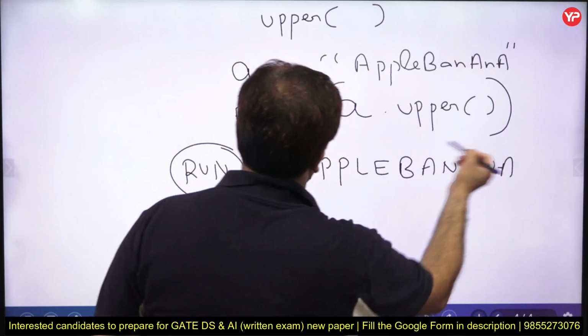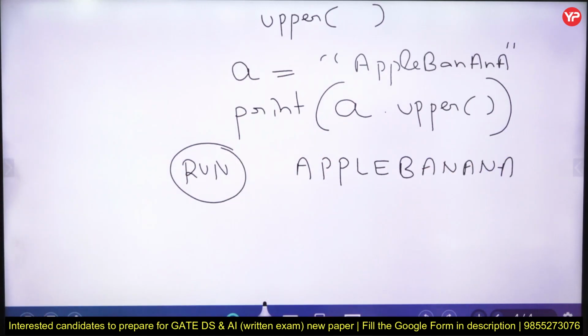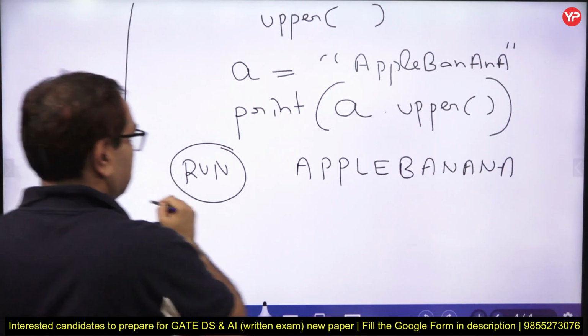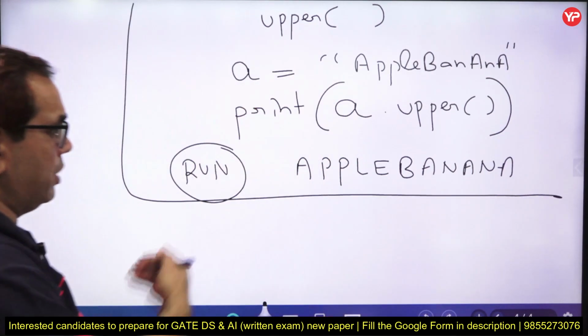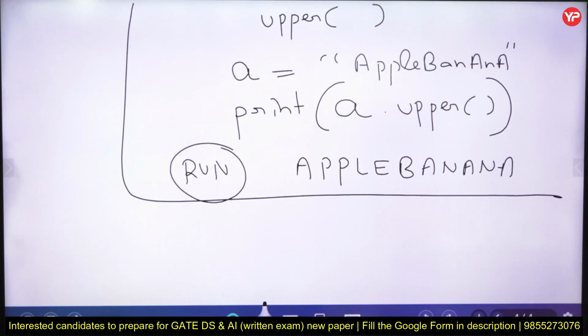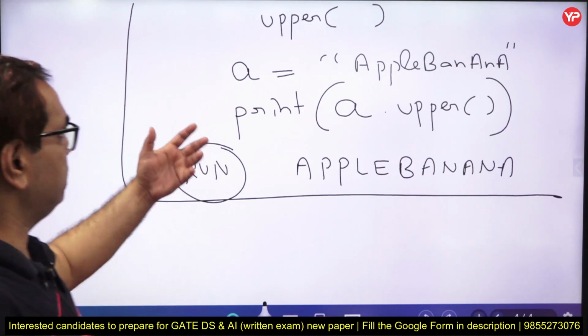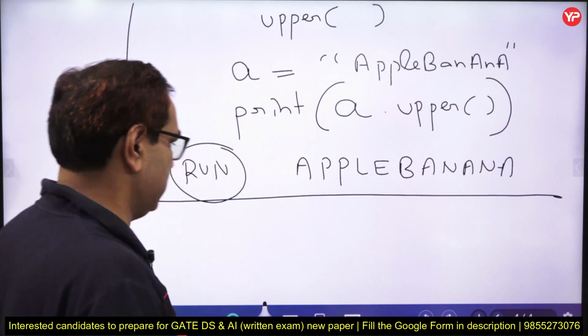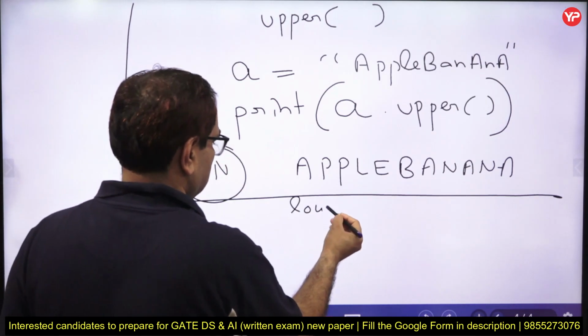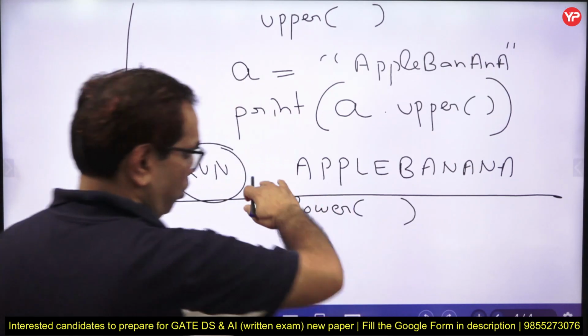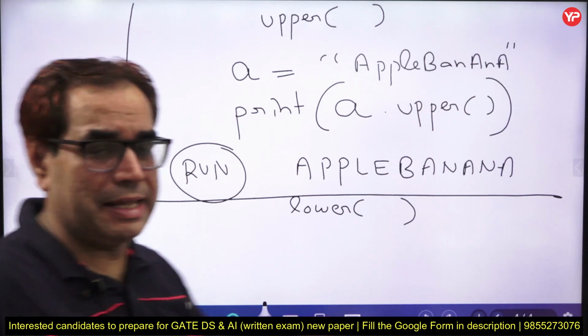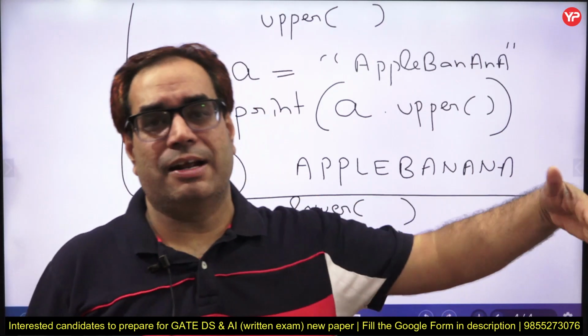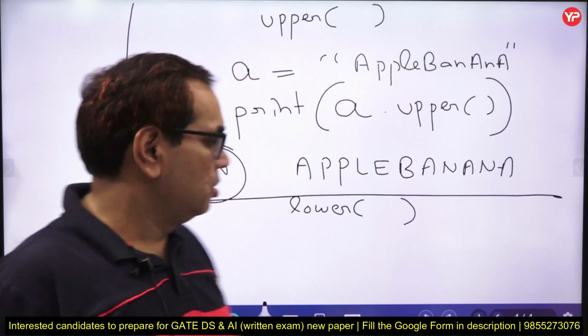So this is the use of upper, and similarly we have lower. We can convert all the letters into lowercase also. For lowercase, what is the function we have? That is the lower function. This is the function to convert all the characters in a string into lowercase letters.